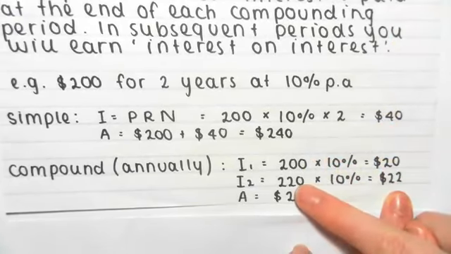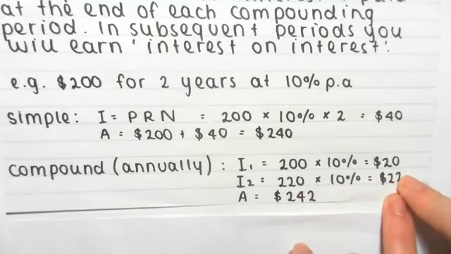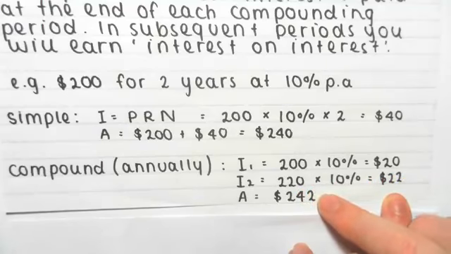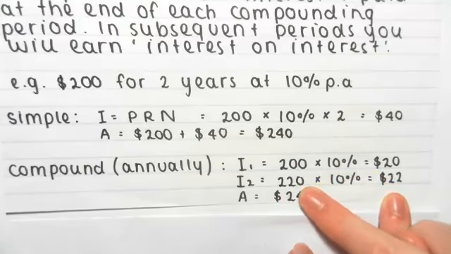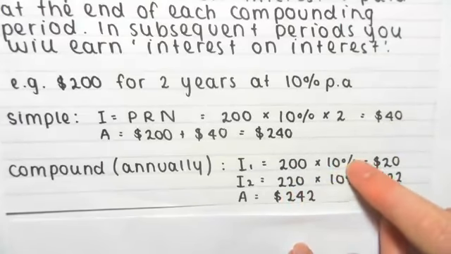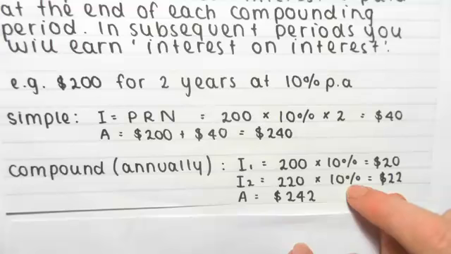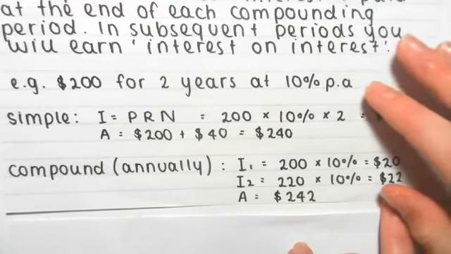But this $20 then comes as part of our money. So the next period, we're on $22. And so in total, we've earned $42 interest. And that extra $2 comes from the fact that we've got 10% on this $20, which is the $2. So you can see here, because of the interest on interest effect, when you're compounding it, it's always going to be greater than if you just calculated at the end of the period.